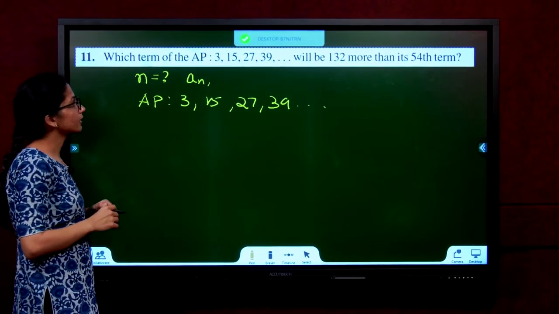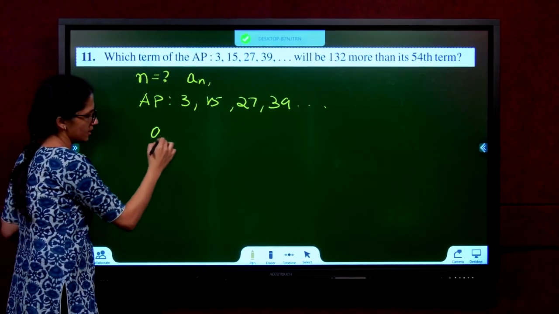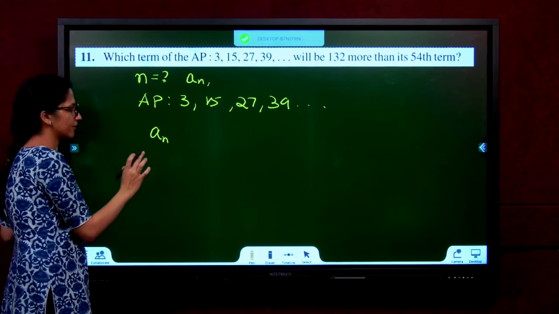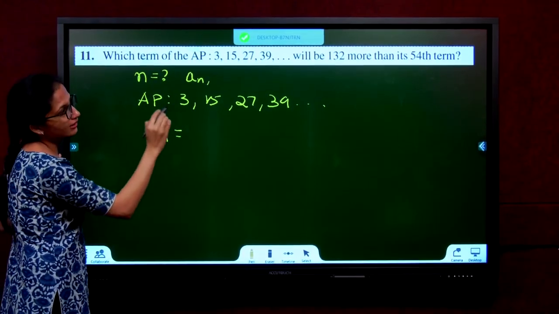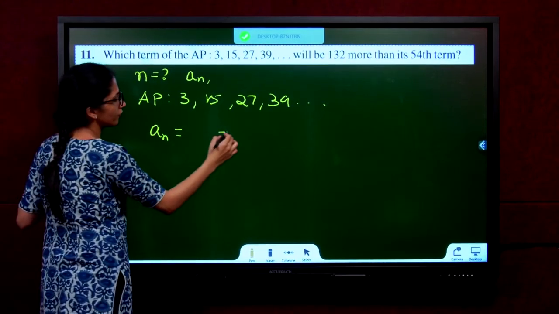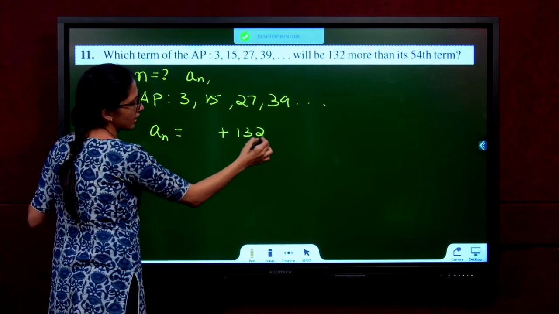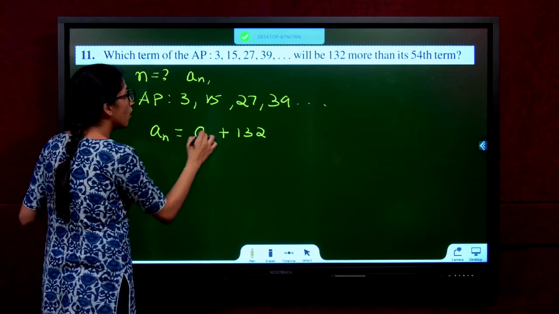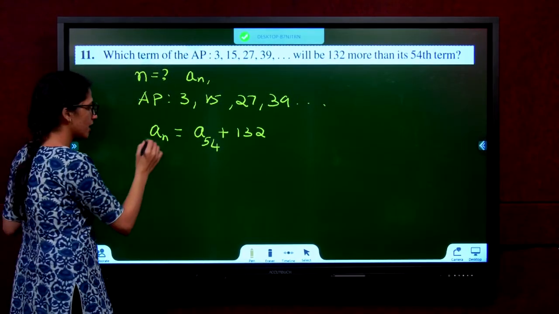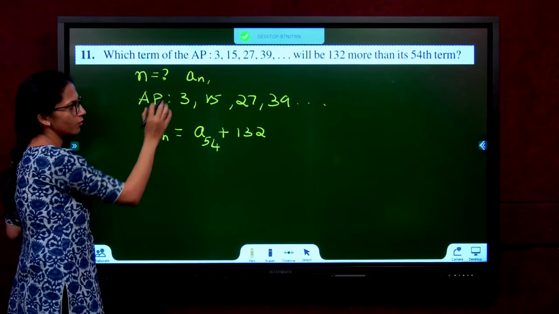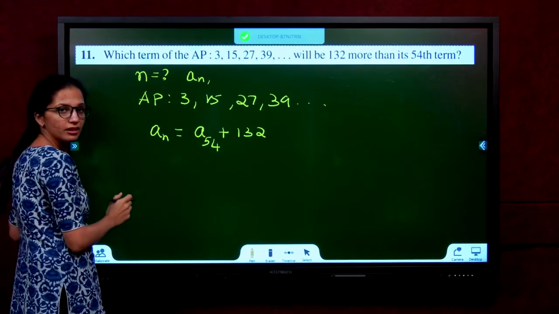They are saying which term of the AP, let's say it's this term, nth term, is 132 more than the 54th term. Plus 132. More than whom? The 54th term. What is an? We don't want an, we want n first, then we can automatically find an.